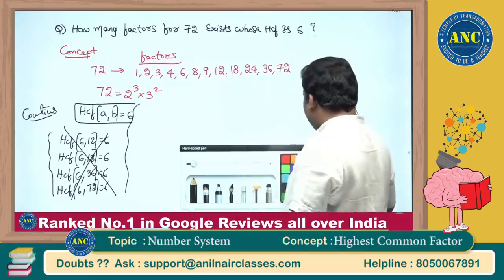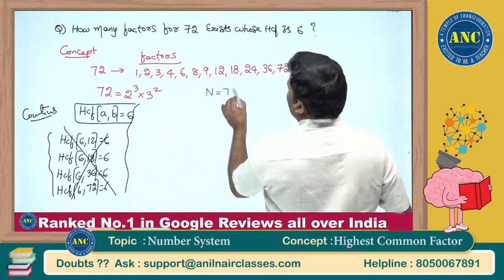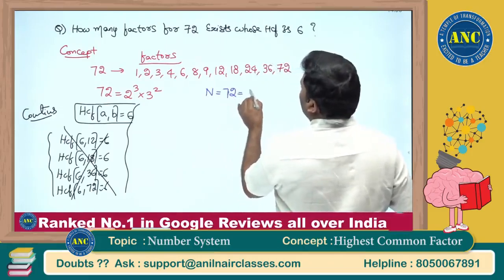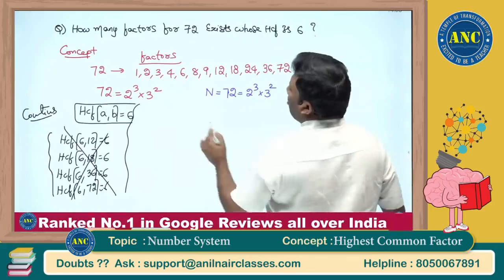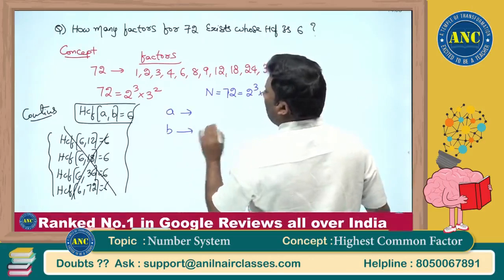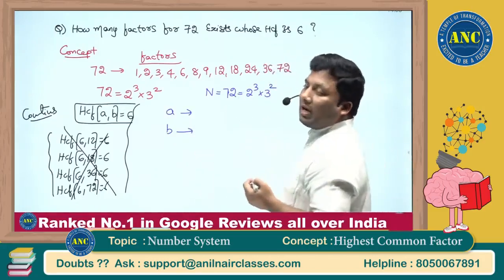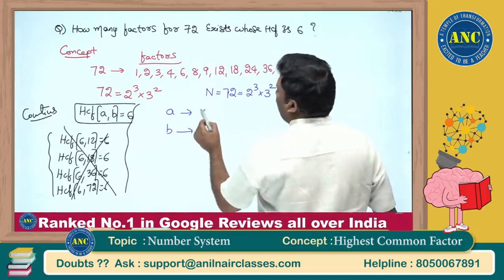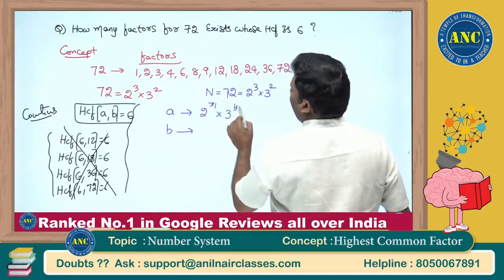First one. What is the number given? The number given is 72. 72 can be written as 2 power 3 into 3 square. I need to select two numbers. Let the numbers be A and B. Because 72 contains 2 prime bases, 2 and 3, A will have 2 power x1 into 3 power y1.